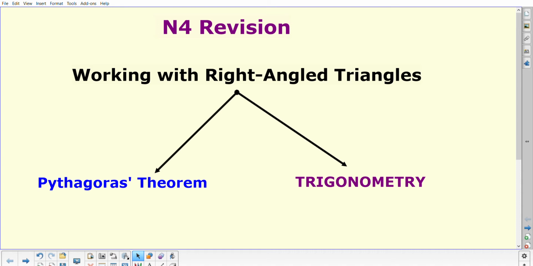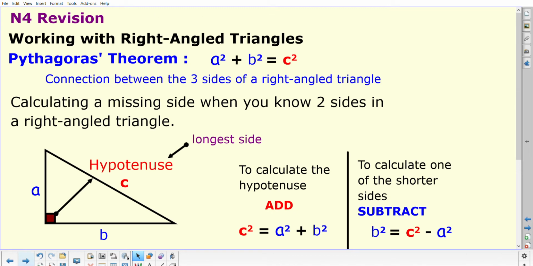We're revisiting this work so that when we start the National 5 work on triangles, which includes work on non-right-angled triangles, you will be confident with your National 4 work, and that will help you make progress with the National 5 work.